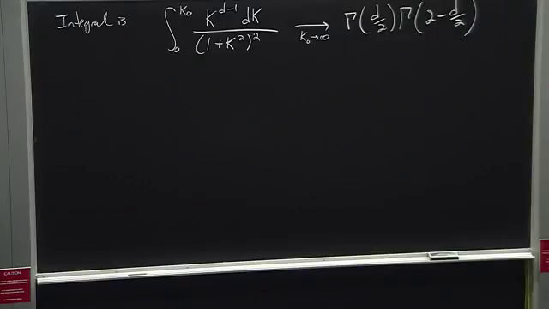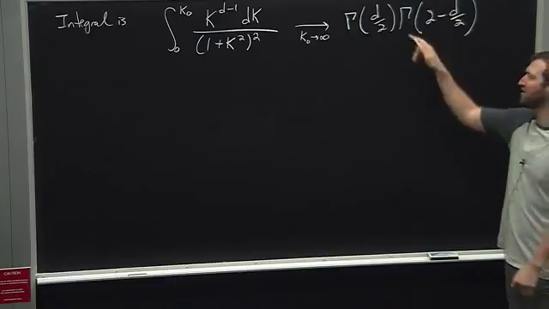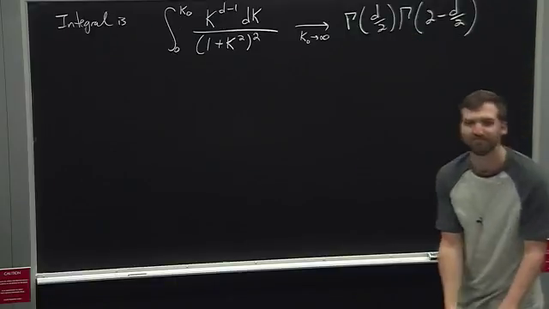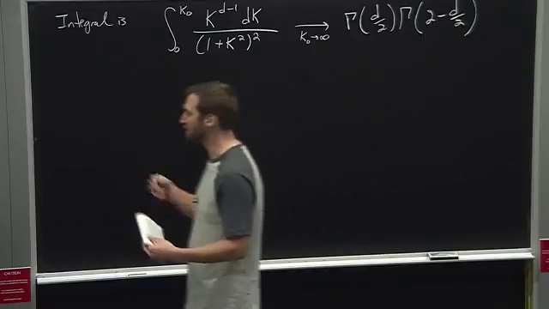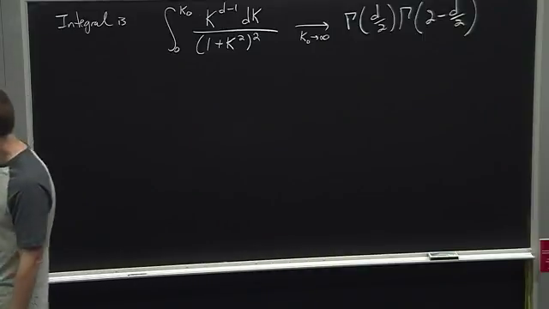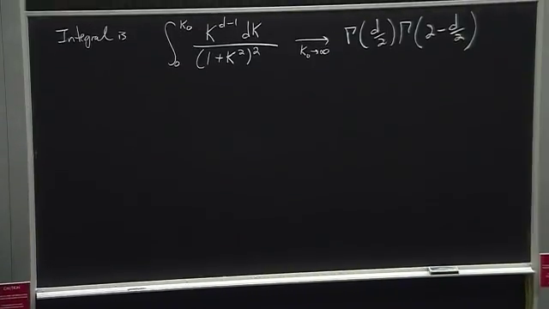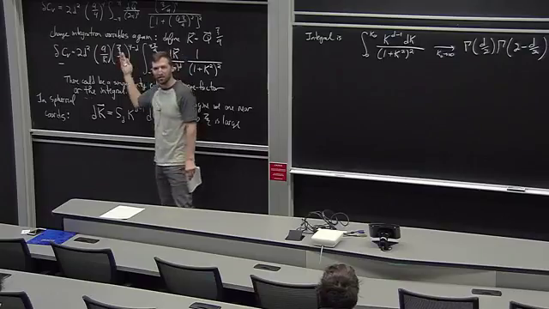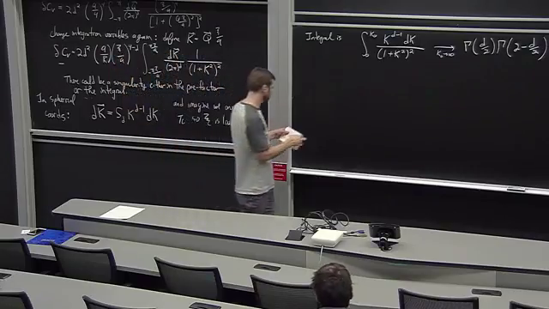So the integral gives a simple number only for the case where these gamma functions aren't singular. Then it's something finite. In the case where you approach Tc, this thing's finite, and the divergences come from the prefactor. That's the point.